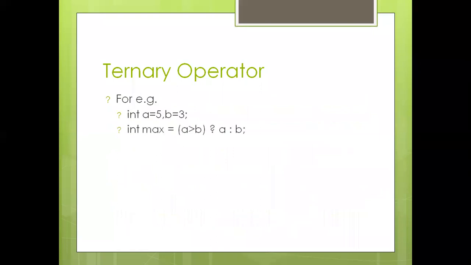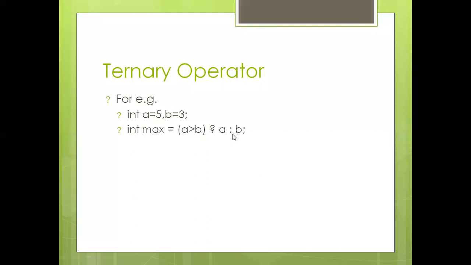See, if A equals 5 and B equals 3. One thing: 3 operands. So how many operands? 3. This is the first operand, A greater than B. This is your Boolean expression, it's going to return true or false. This A is the second operand, and B is the third operand. Now see the symbol of the ternary operator: this question mark and the colon sign.